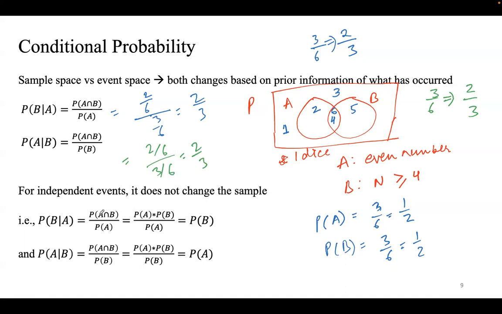But we know for independent events, the intersect is nothing but the product of the two probabilities. So then you are able to cut this. So you get the probability of B. So the probability of B given A has happened, or the probability of B just like that, is the same thing. And the same is the case with the probability of A given B, which is the same as the probability of A happening. So you're not concerned whether some event has happened or not.